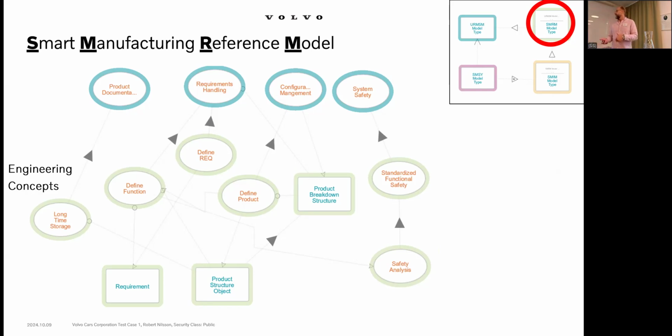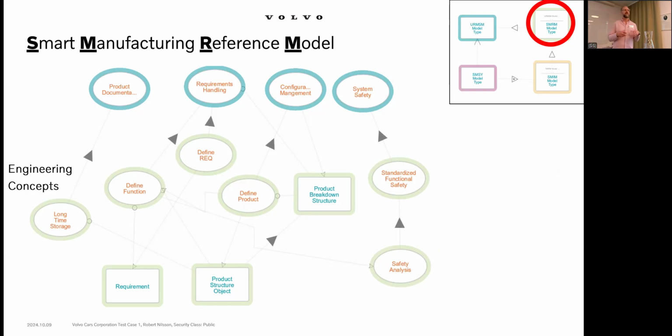And then, of course, we have system safety, which could be treated as a standard for software, for example, ISO 26262, which stipulates safety analysis, which then requires some kind of function to be defined. Otherwise, there's nothing to analyze. Right. So what we see then is that the green concepts are shared over the blue aspects. So there are dependencies.